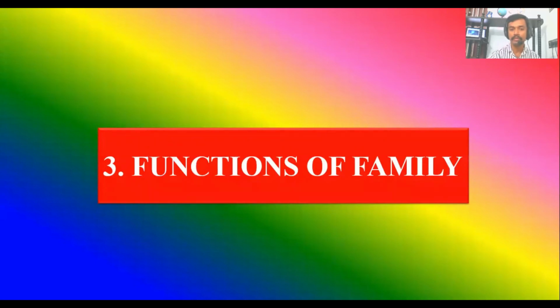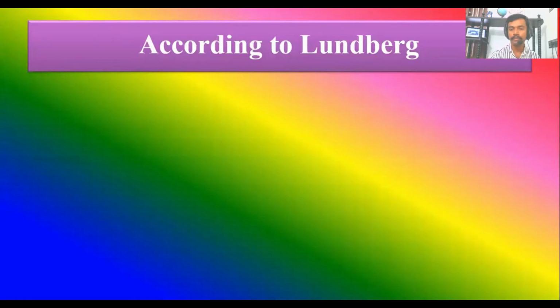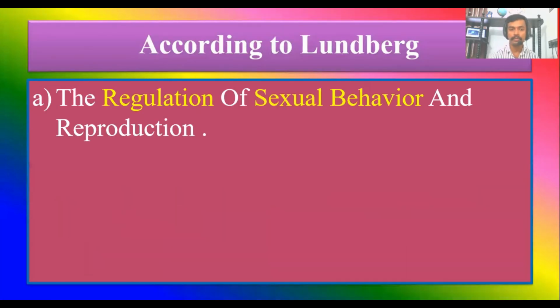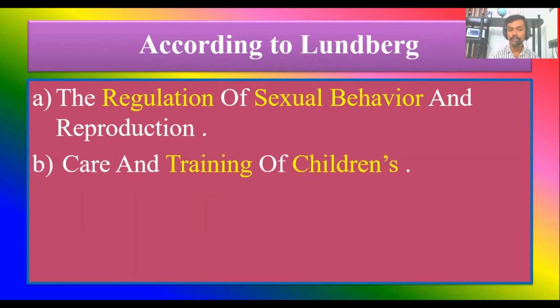Next section, functions of family. According to Lundberg: regulation of sexual behavior, which is legalized sexual behavior, and reproduction, which means production of children. Training of children.